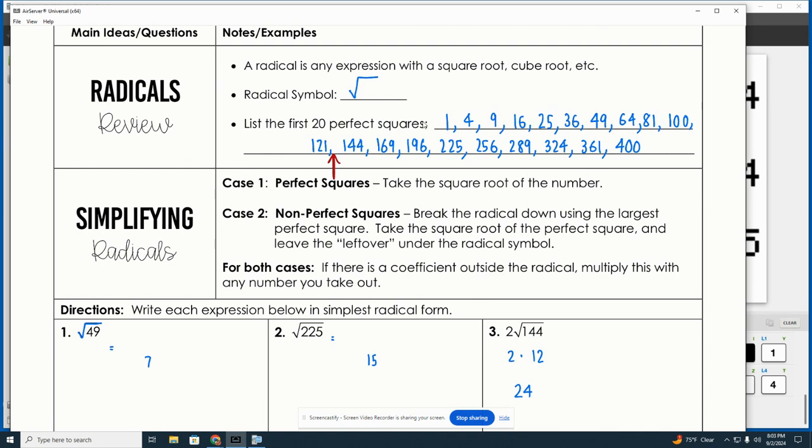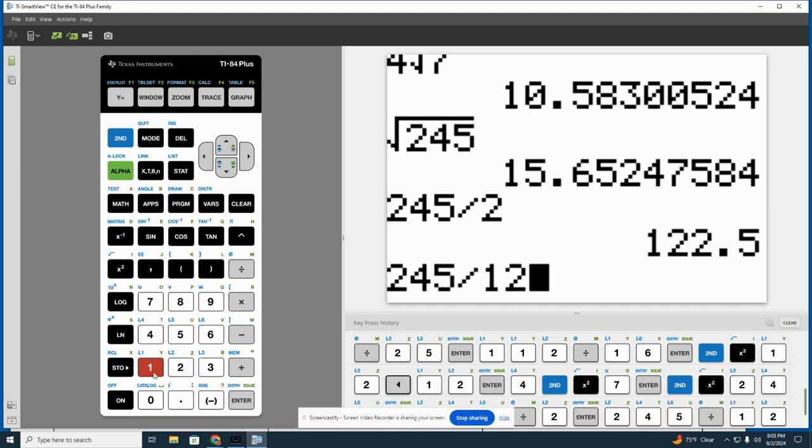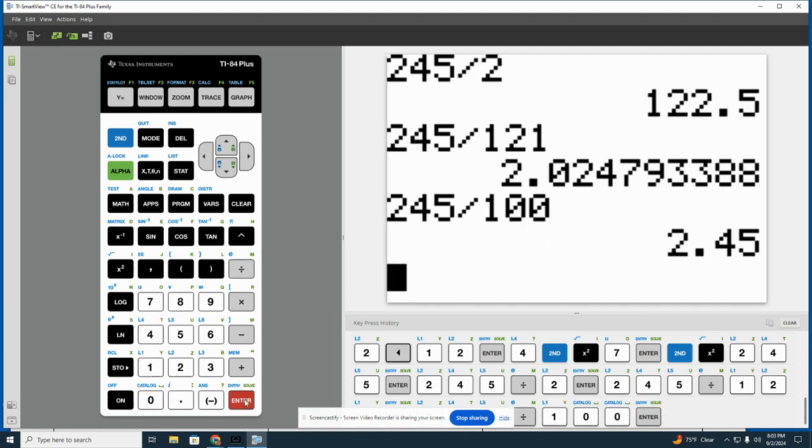So I'm just going to take my list and work my way down so I can find the biggest perfect square that goes into it. So here I go. 245 divided by 121. I know that doesn't work, but I'm just going to show you how quickly you can do it. 245 divided by 100. I know it doesn't work, but there it is. 245 divided by 81.